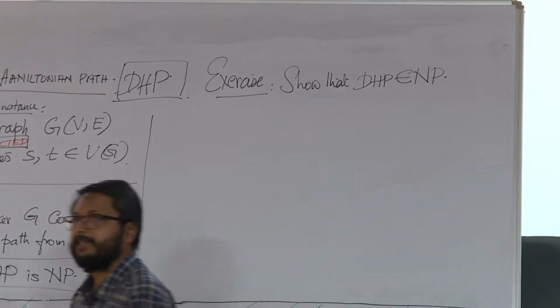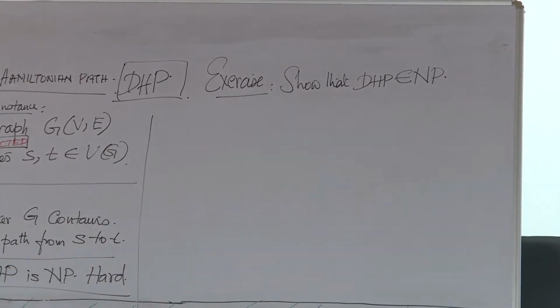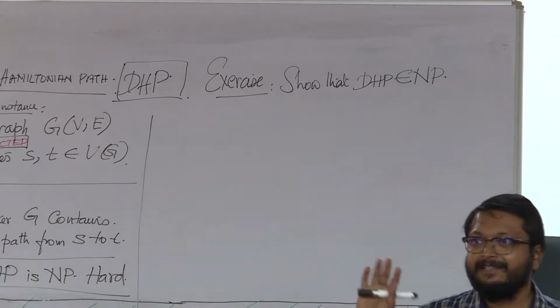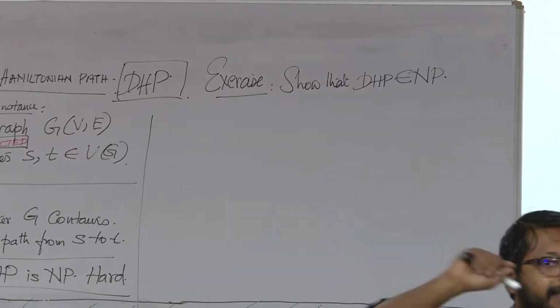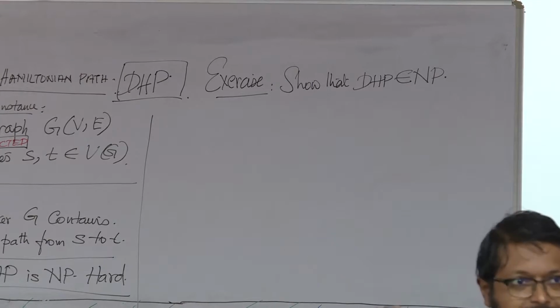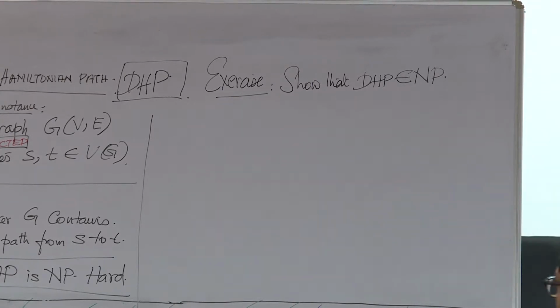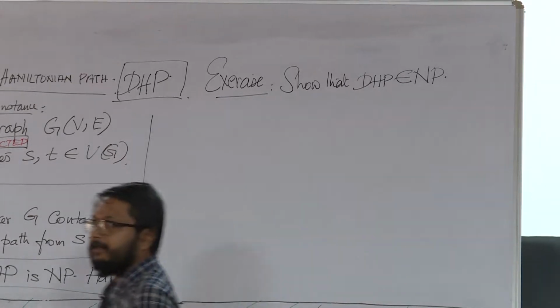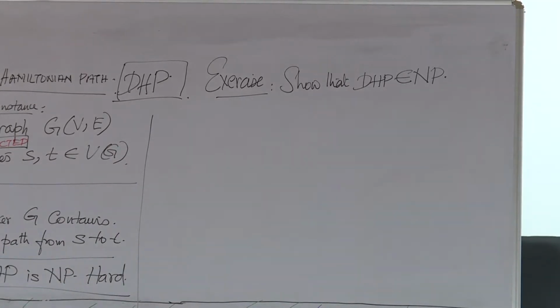What should be a certificate to the verifier? The path, right? Once given a path, it's easy to verify whether this actually satisfies the constraint requirements of a directed Hamiltonian ST path. So the hard part is to show that this is NP hard. Now to show that a problem is NP hard, what should we do?